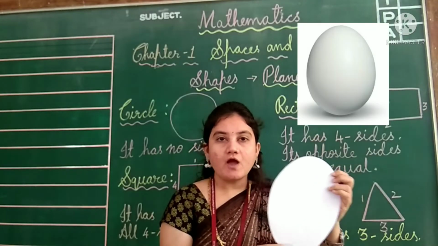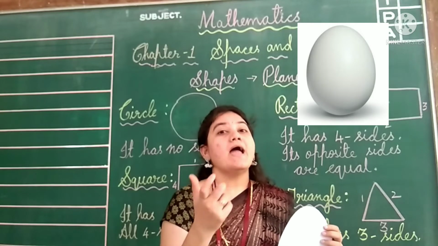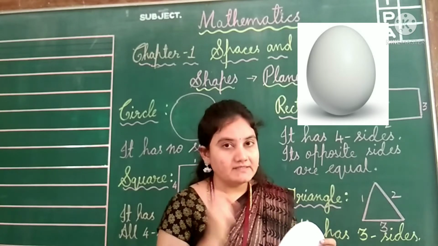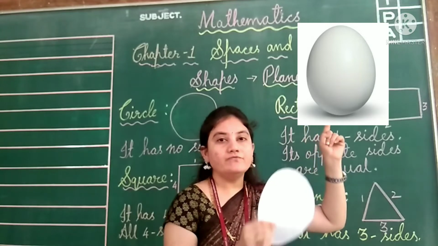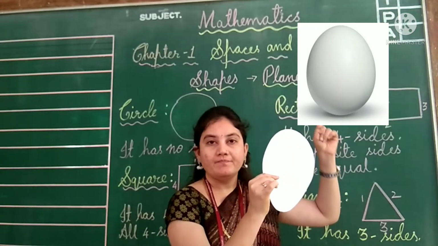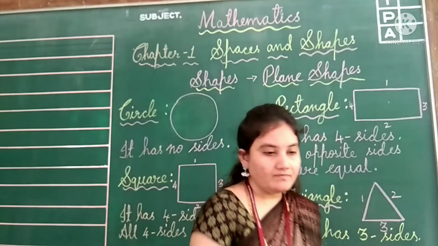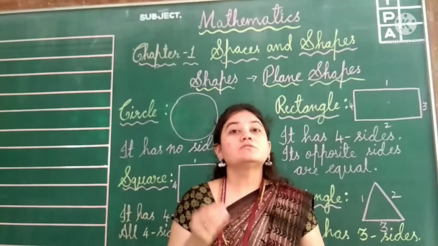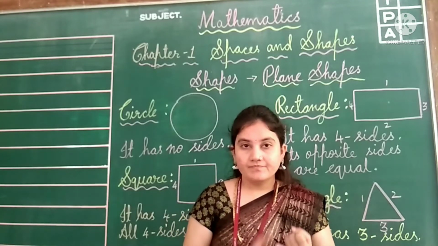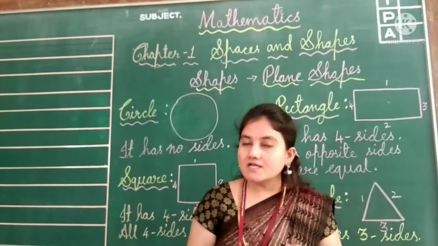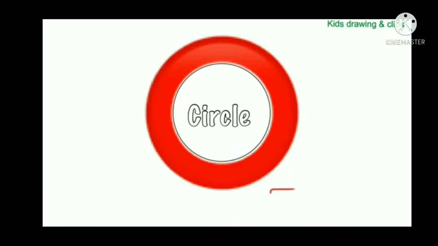At present I don't have an example to show you the oval shape. Do you know egg, children? Yes. See here. Egg is the example of this oval shape. Are you able to see? Yes. Now let me show you some more examples of circle objects, square objects, rectangle objects and triangle objects, children.